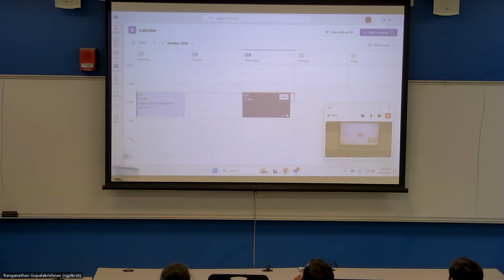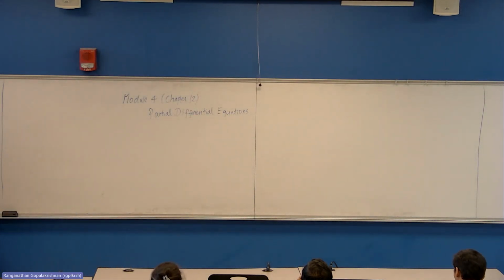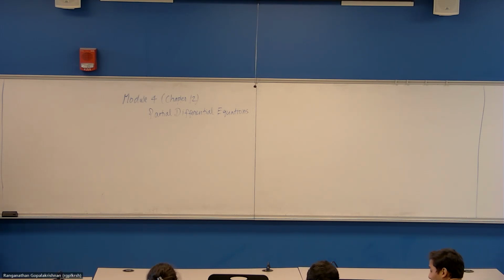That said, we'll get back to the next module on partial differential equations, which is covered in chapter 12 of the textbook. So, of course, as engineers who have taken courses on various topics like solid mechanics, fluid mechanics, heat transfer, control systems, you do know that partial differential equations appear in many places and are used to model physical situations.